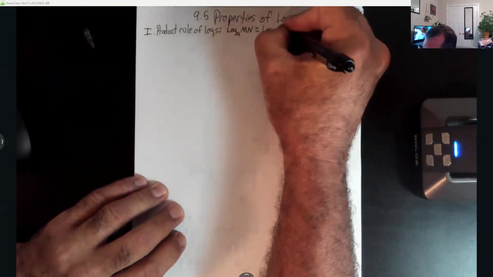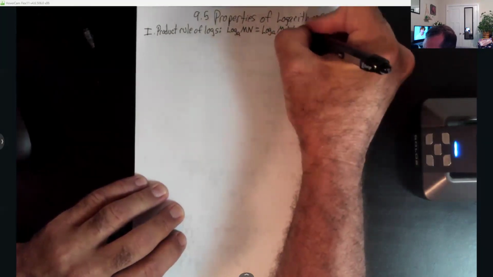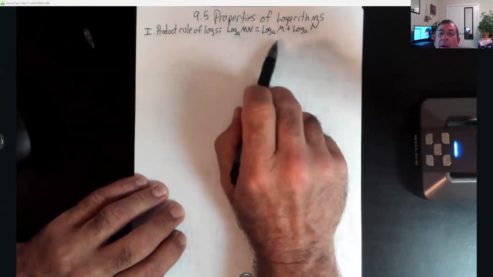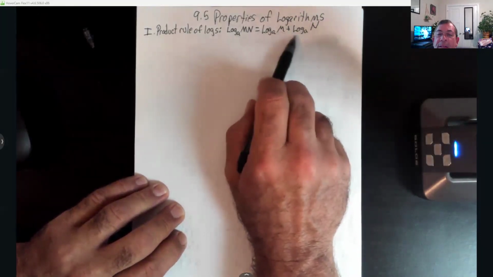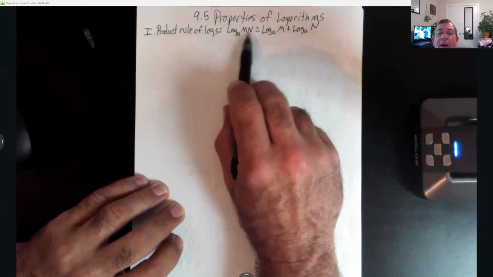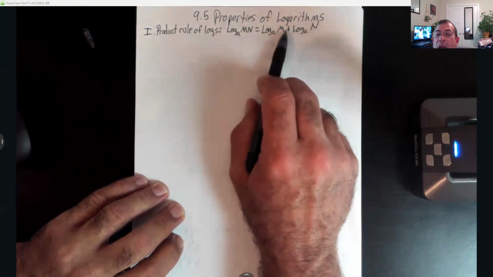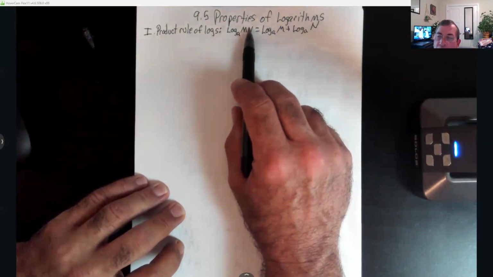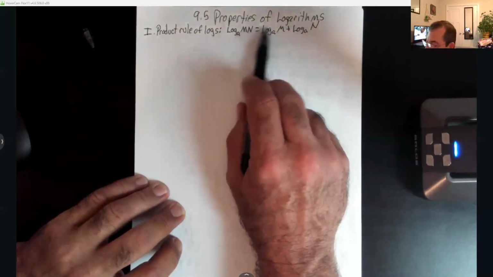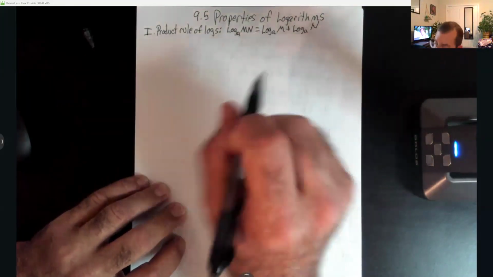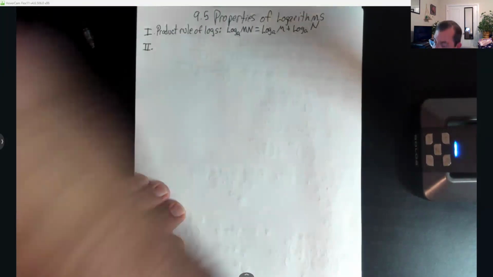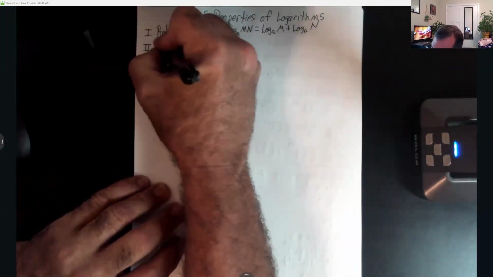Log A of m plus the log A of n. Notice they got the same bases and the same logs, but we can rewrite a product as a sum. We can also rewrite a sum as a product. They go either way on these, okay? So y'all, we got a power rule of logs.